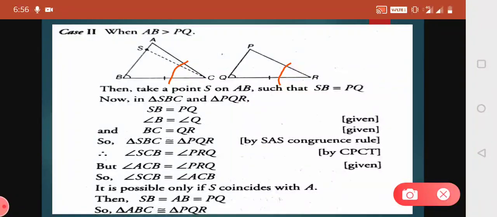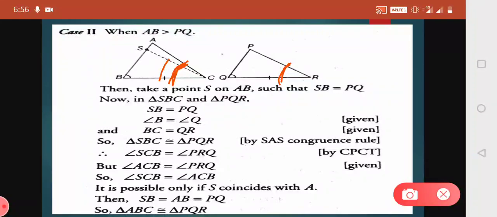If both these angles are equal to angle PRQ, in such a condition these two angles, SCB and ACB, let me draw here clearly, this is possible only when both angles are equal, they are the same angle.